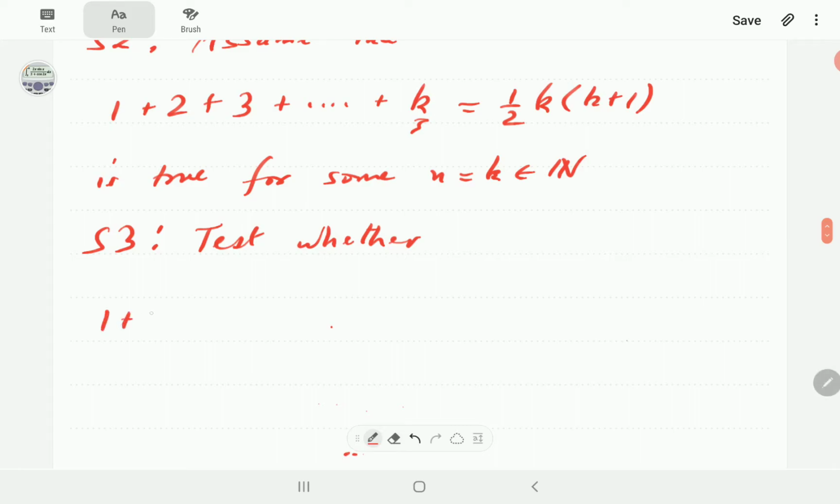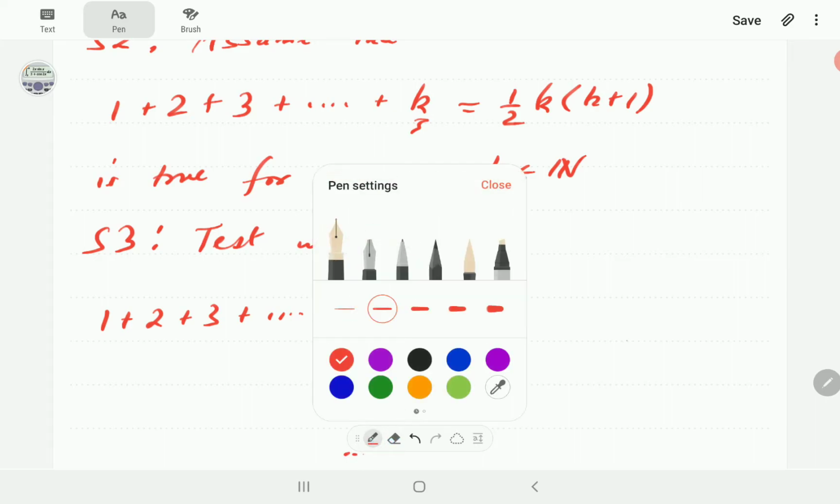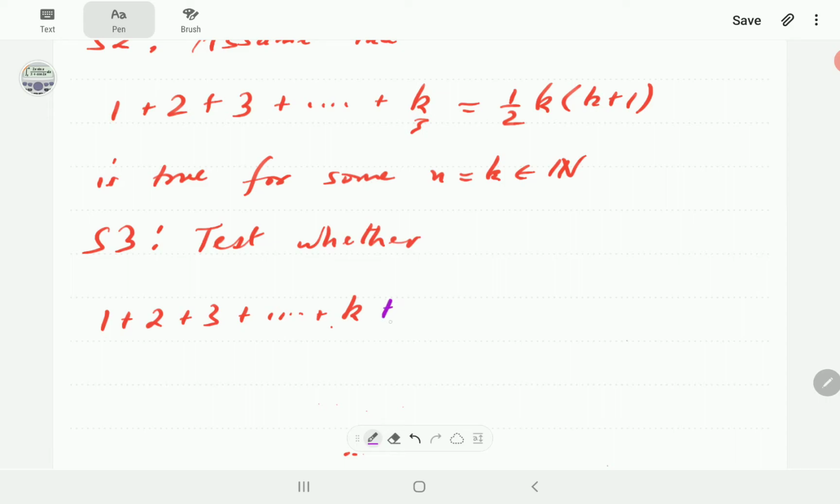So we're going to have 1 plus 2 plus 3 all the way to k. Then we're going to add another term. The next term is going to be k plus 1. And then on the right hand side again, every k becomes k plus 1.